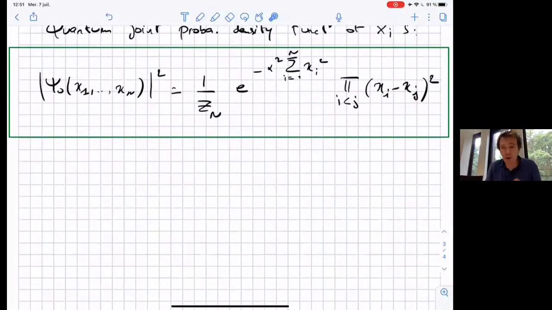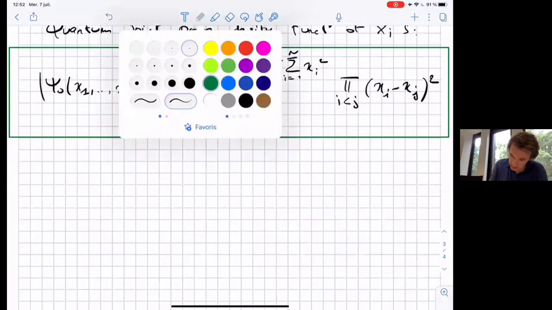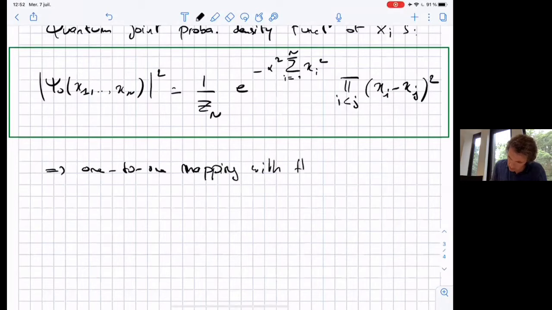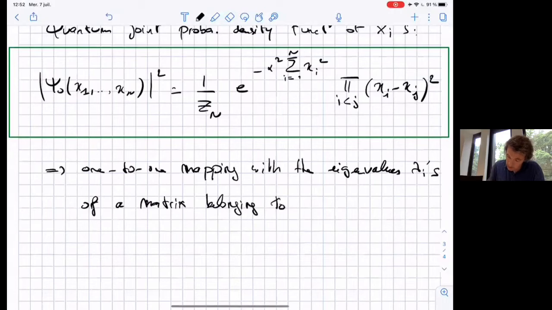Okay, so there is a one-to-one mapping, if you want, with the eigenvalues lambda_i of a matrix belonging to GUE.